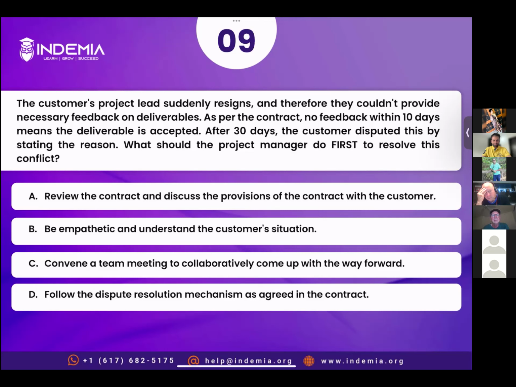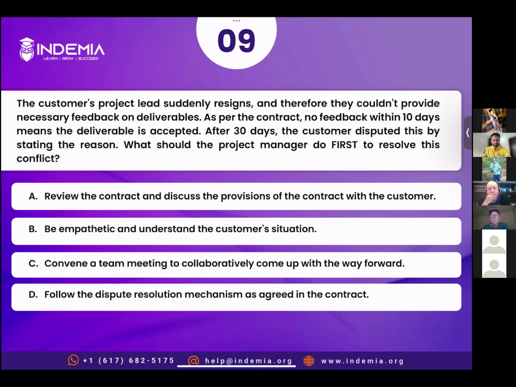Ten days was the cutoff time, and then it took 30 days for them to dispute. So I would say we have an issue which needs to be looked at. The dispute resolution mechanism agreed in the contract is maybe the best route to follow.